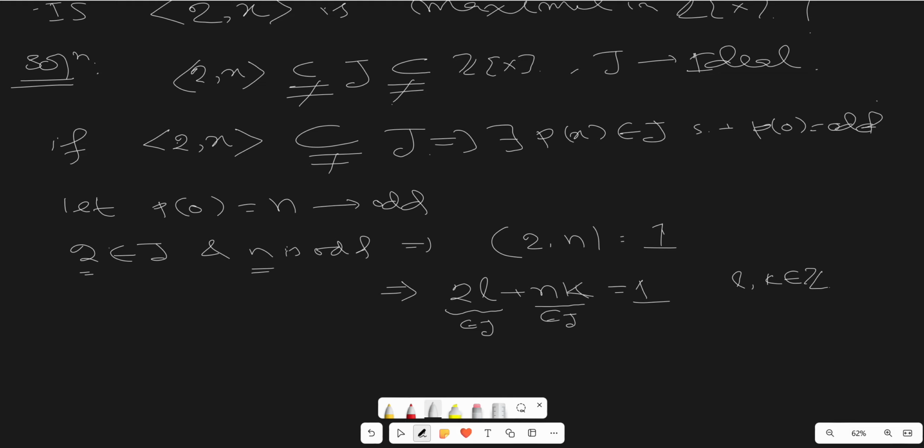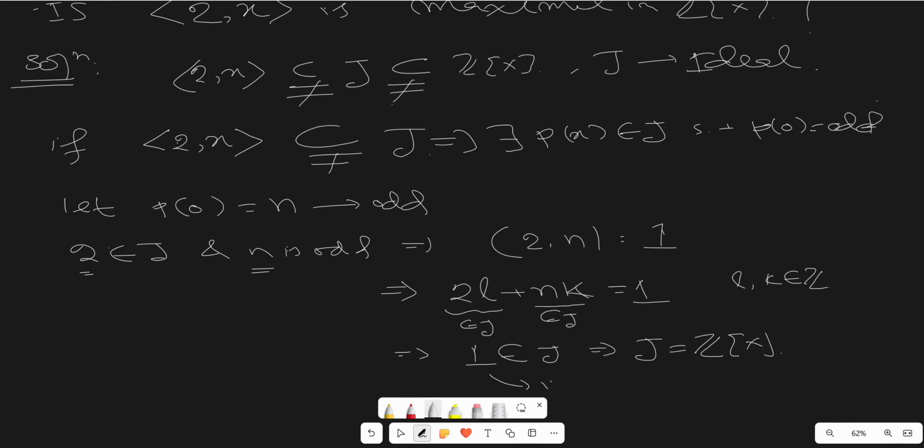This is inside J and this is inside J, so this implies that 1 is a member of J. This is inside Z[x], because 1 is a unit.